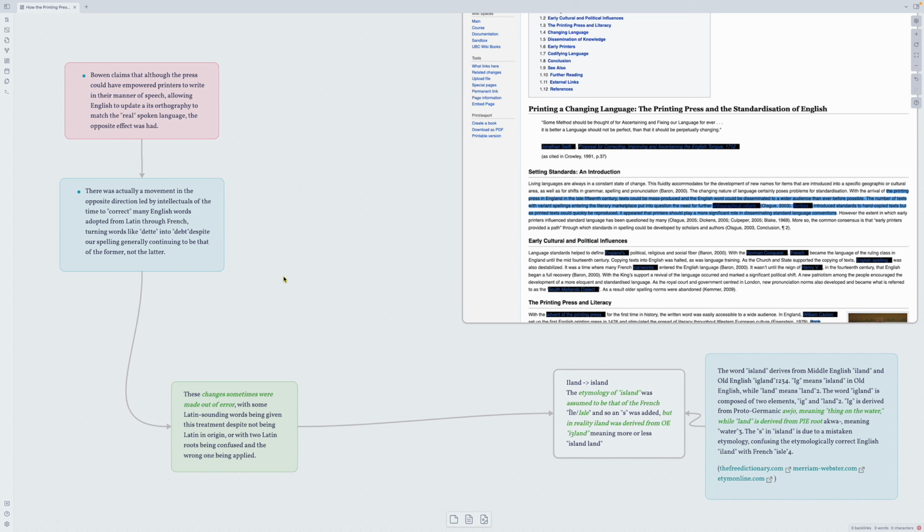And there were a lot of words like that. Although they were pronounced one way and spelled that way initially by most writers that wrote English, once these works started to get standardized, the people that were standardizing them were scholars, or a lot of them were, but it was also noted that even non-scholars were getting on this bandwagon of, we need to make spelling match etymology, not the way things are pronounced.